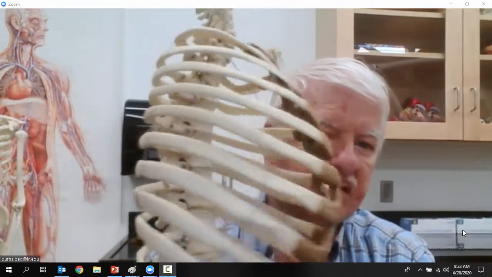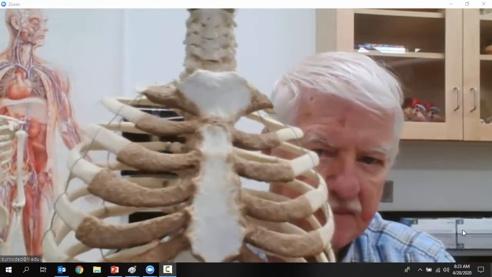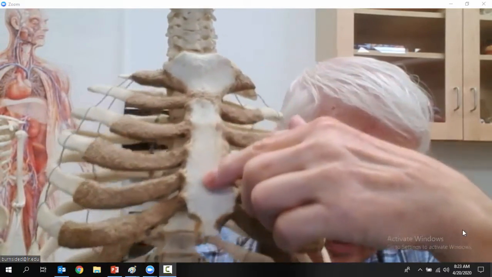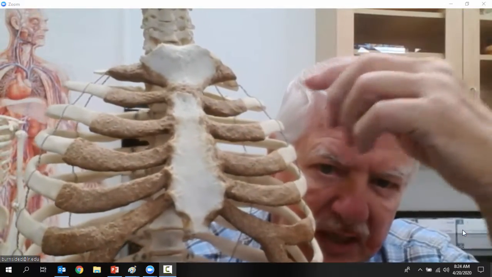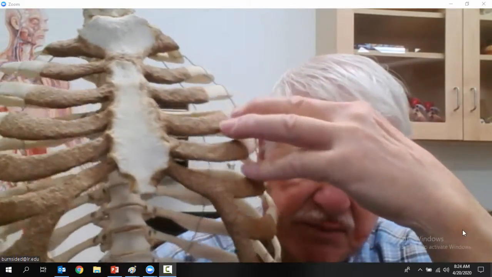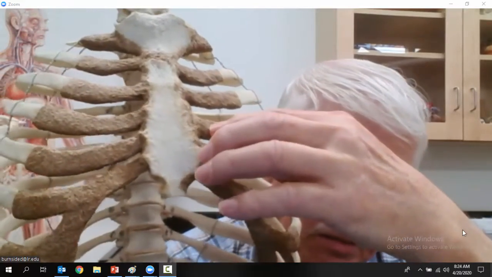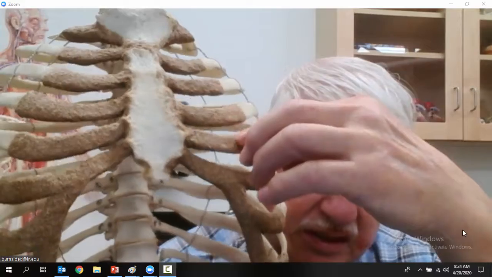And then when we look on the front part, we'll see the sternum or breastbone, the manubrium, the body, and the xiphoid process. And the first 10 pairs of ribs are connected to the sternum by way of cartilage.